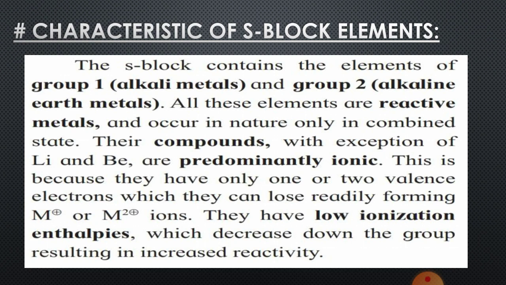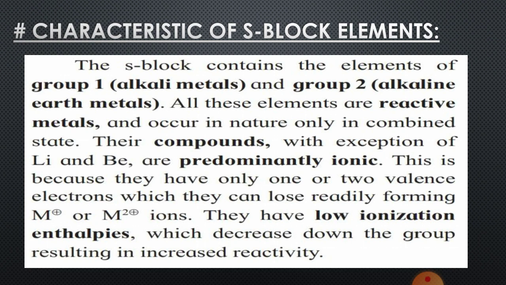The s block elements consist of group 1, that is the alkali metals, and group 2, that is the alkaline earth metals. These elements are reactive metals and they occur in the combined state. Their compounds are ionic in nature. Why?